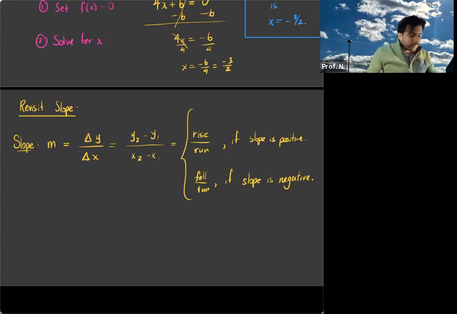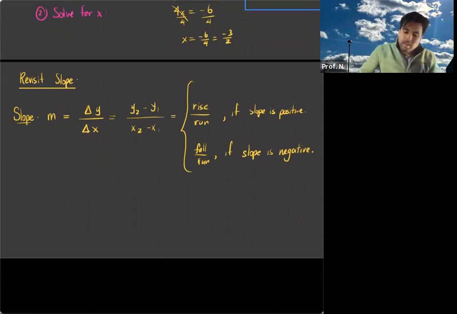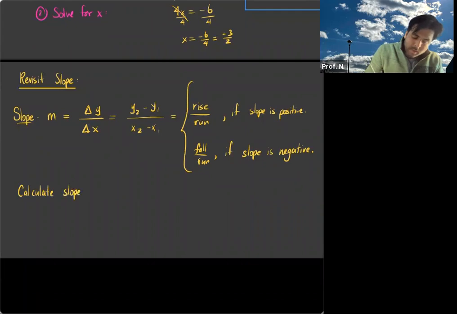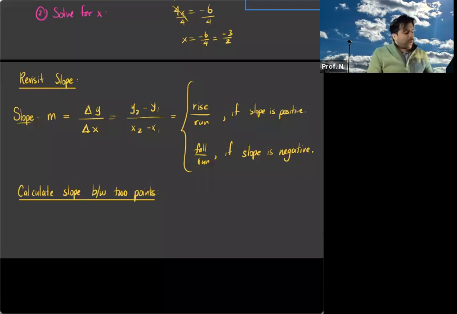Okay. I want to calculate slope between 2 points. So how do I calculate between 2 points?